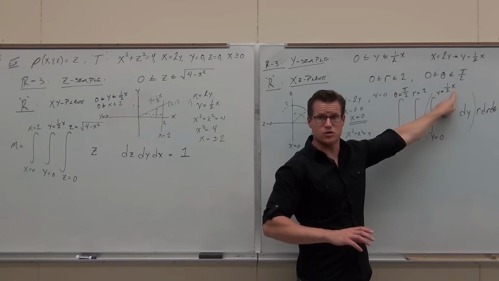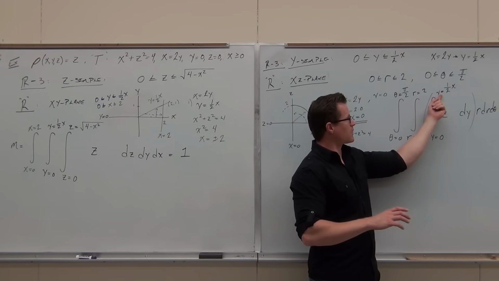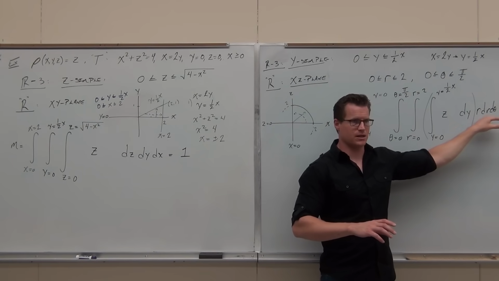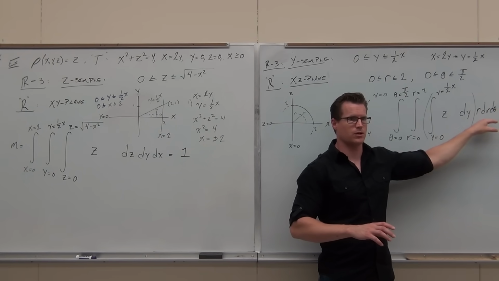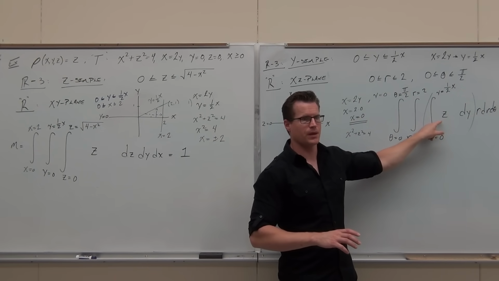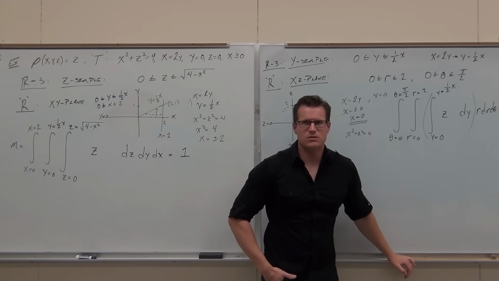Does that make sense? You should be doing that because when you plug it in, you're going to have r cosine theta. This variable has to match this. The remaining variables have to match these things. Are you guys clear on what I'm talking about? Now this one, listen. Sometimes you can get away with changing that now, and sometimes you can't.